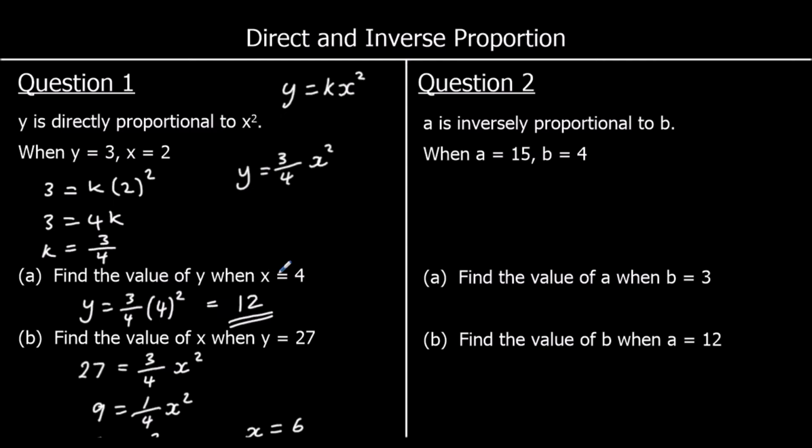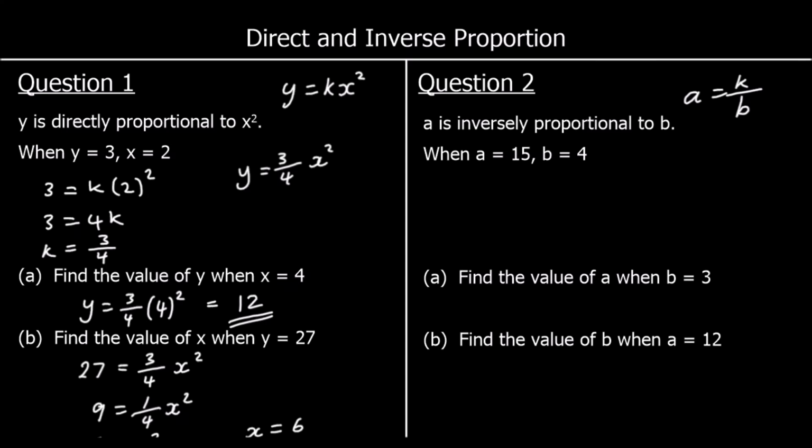And question 2, a is inversely proportional to b. That means the relationship between a and b is in the form a equals k over b. So if x was inversely proportional to y, x will be k over y. If p was inversely proportional to q squared, p would be k over q squared.